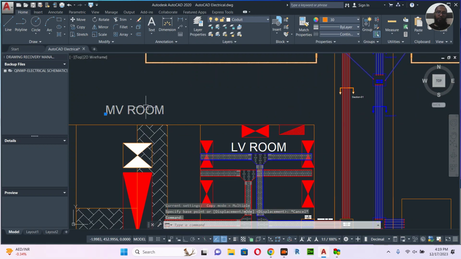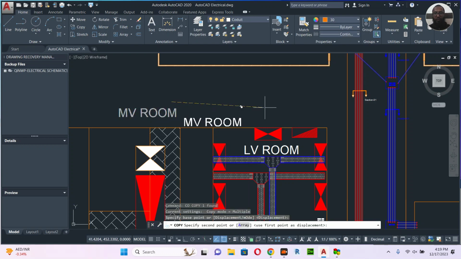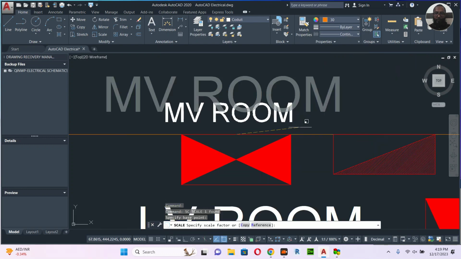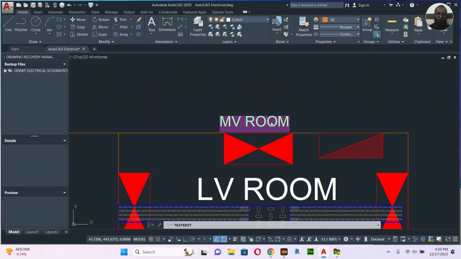Better I name it, otherwise it will confuse. So this one I will make small letter. I think this one is enough. ESMDB we will put, emergency DB-01.